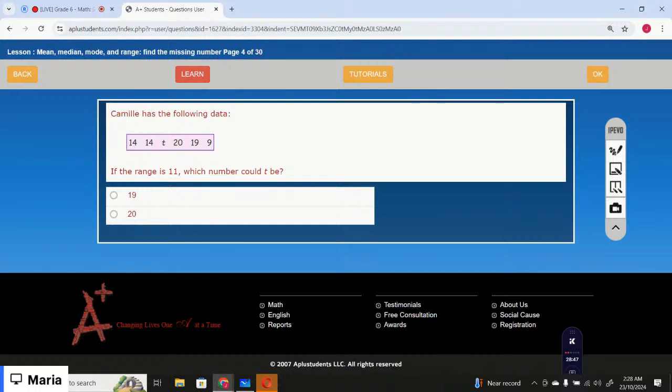The range is 11, right? So that would be 19.